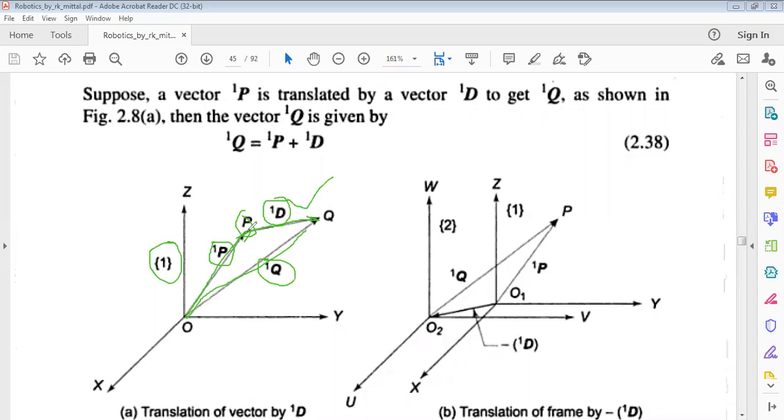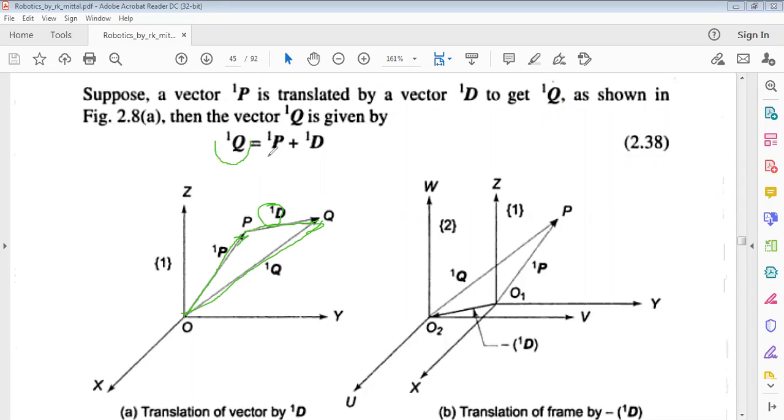So the OP vector is translated to the OQ vector. The translating distance is 1D. So the new vector 1Q is unknown.